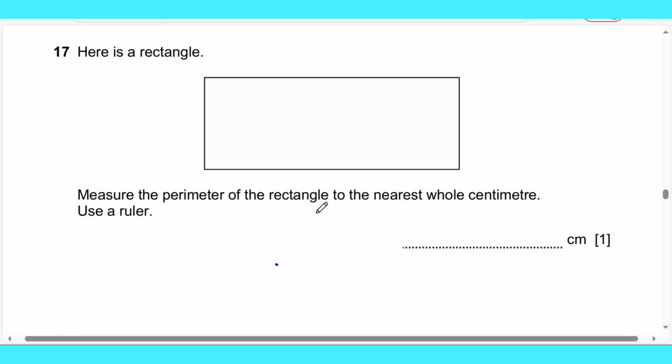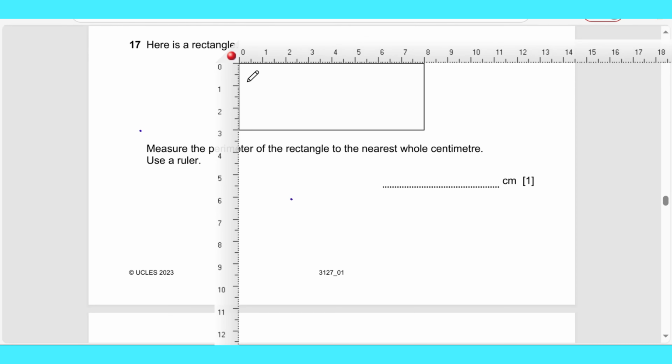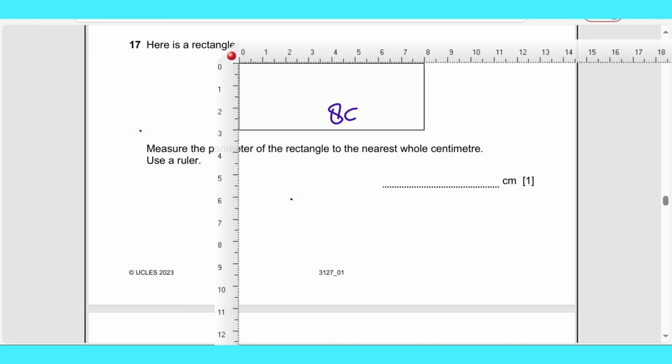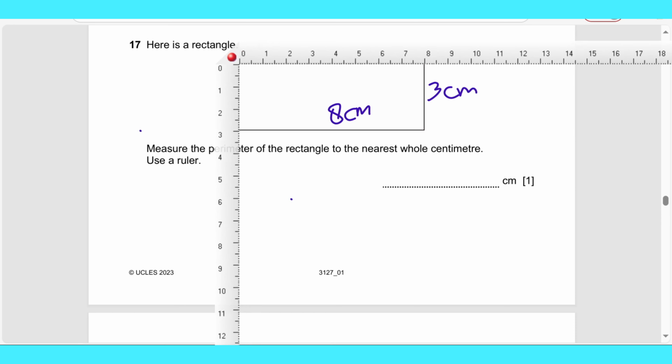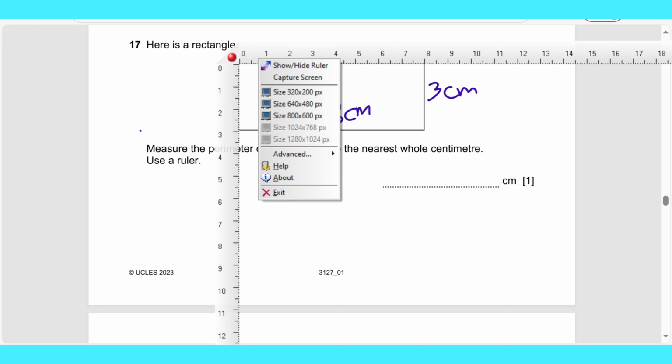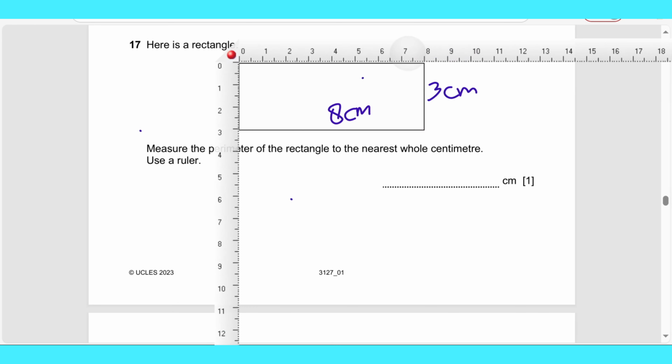Okay, let's check out the answer, guys. So guys, we measure with the online ruler. The length is 8 and the breadth is 3. So the perimeter of the rectangle will be, you see from here to here is 3, 8 and 3.